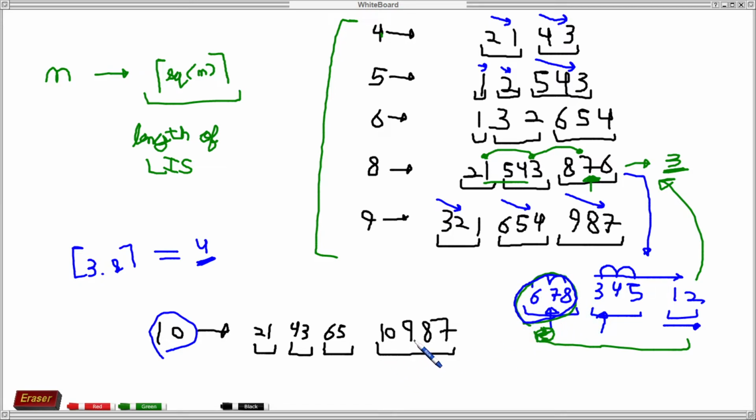So we can take 10, 9, 8, 7 in one group. After reversing it, we will get something like this: 7, 8, 9, 10, 5, 6, 3, 4, 1, 2.